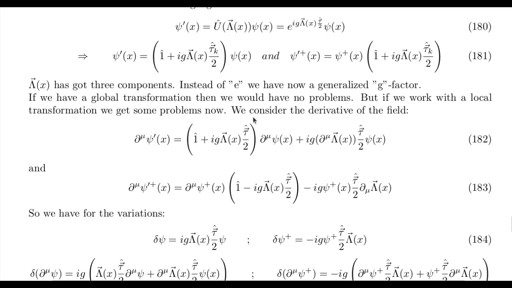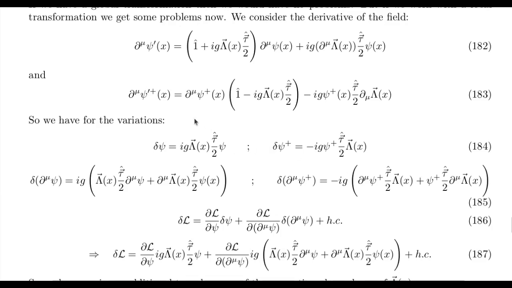That means we apply the unitary operator to the derivative of the wave function. Because of the space dependence of lambda, we get an additional term with the derivative of the parameter lambda here. Or for the hermitian conjugated one, 183.